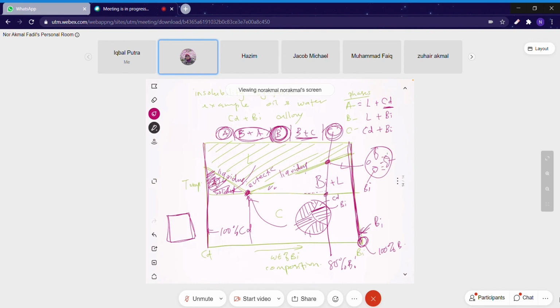The bismuth has grown larger. This is bismuth, and this is a lamellar structure. I'm sorry for the poor sketch. This is primary bismuth and the lamella.